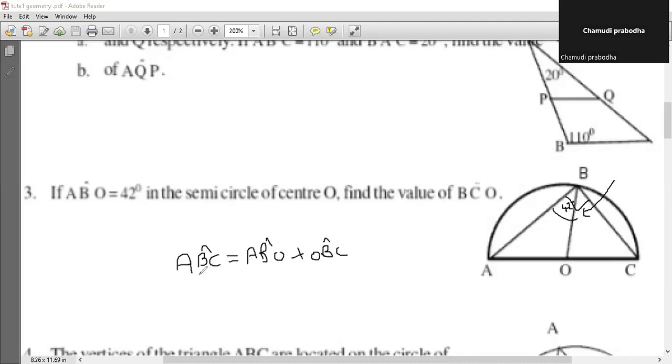ABC equals 90, and ABO equals 42. Then we have to subtract to get OBC. Finally, OBC equals 48.